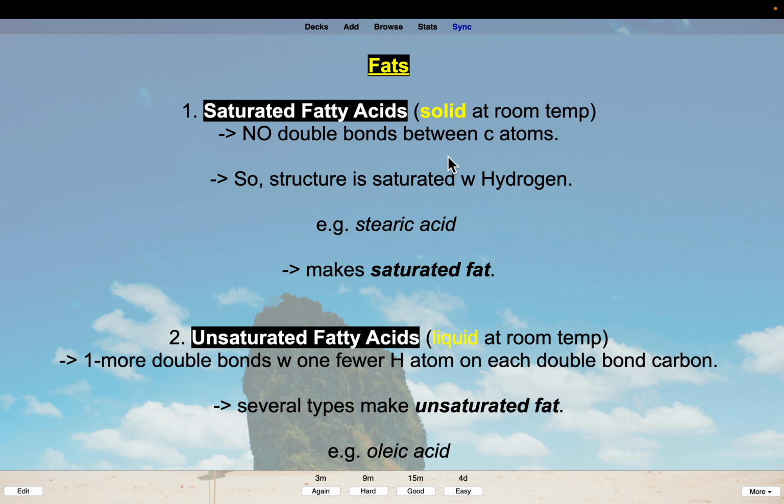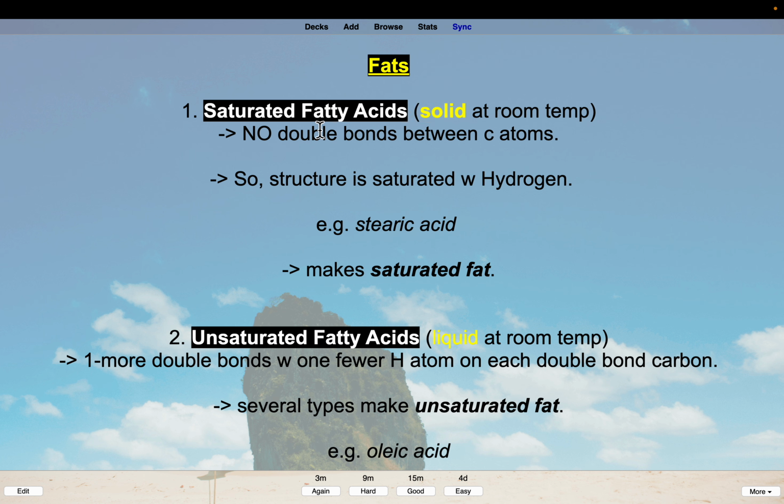Blood flow coming from the heart to the rest of the body is not achieved properly because there is a blockage in the arteries because of solid fatty acids, in other words saturated types.